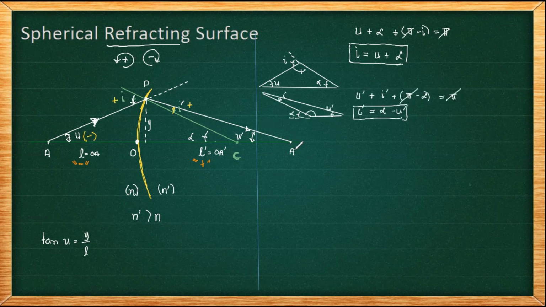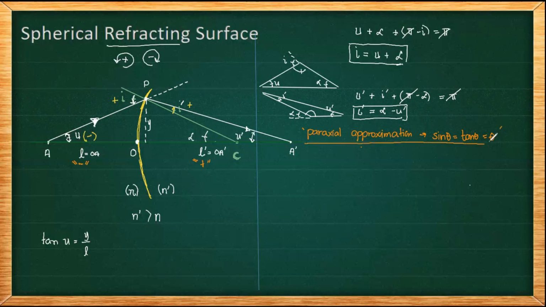Now what we're going to do here is to assume paraxial approximation. In paraxial approximation, the angles are assumed to be very small, such that sine theta, tangent theta is just equivalent to theta. So we will be using this approximation.